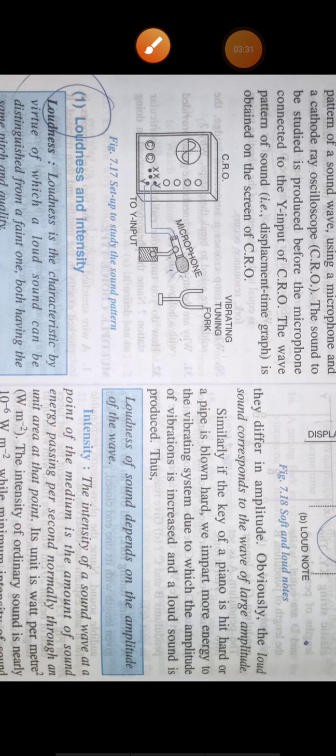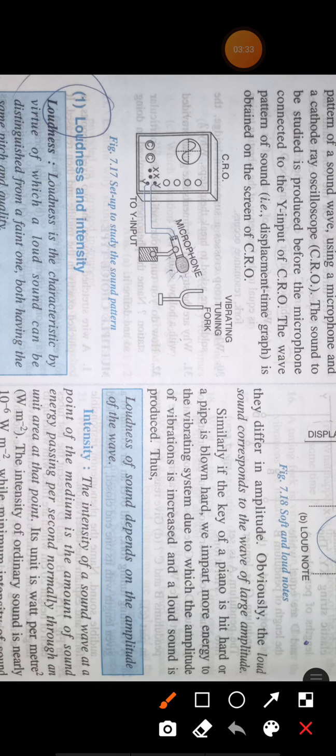Suppose you have placed a tuning fork in front of a microphone, and this microphone is connected to a CRO. If you hit this tuning fork very slowly, you will hear a very soft or faint sound. And if you hit this tuning fork very hard, then you will hear a loud sound.